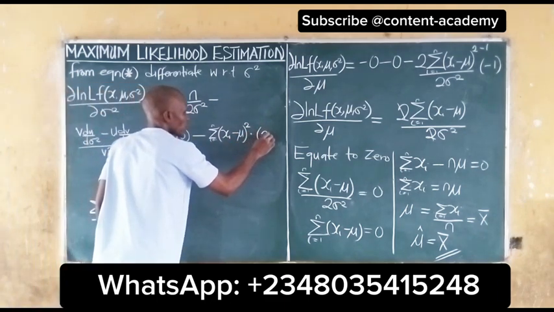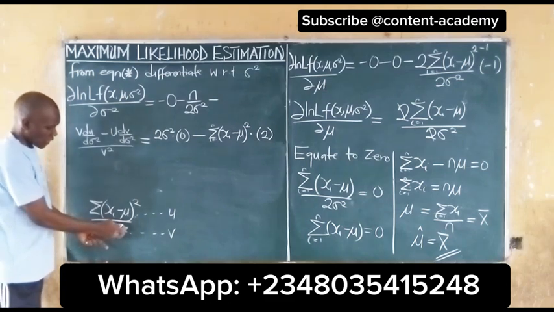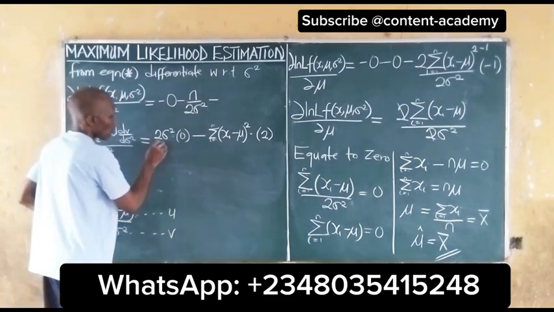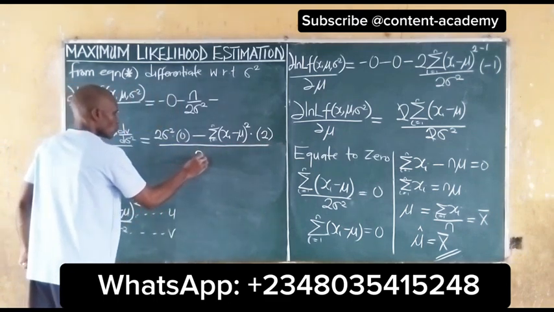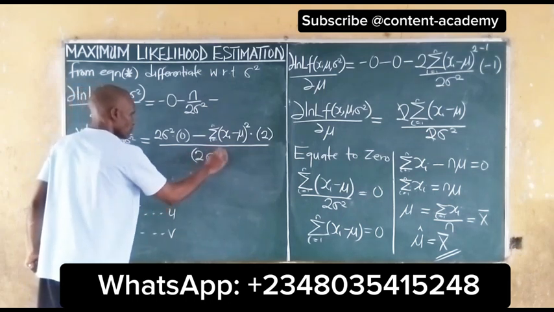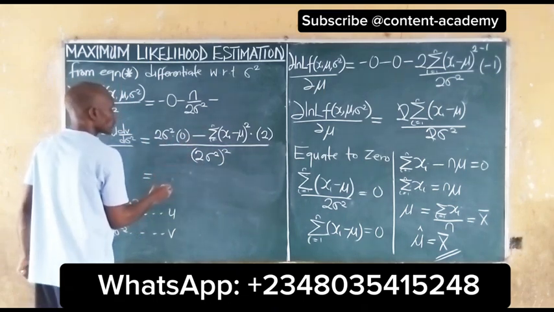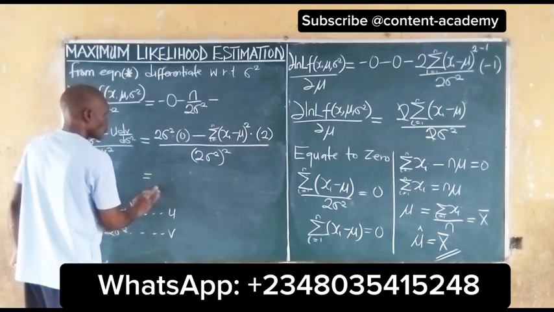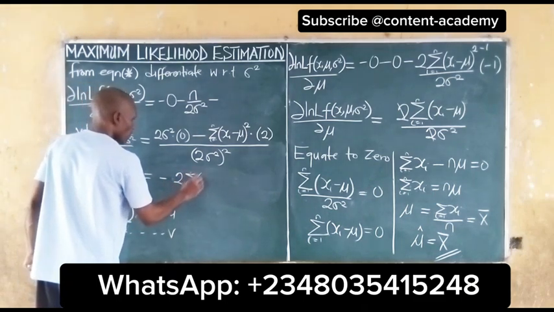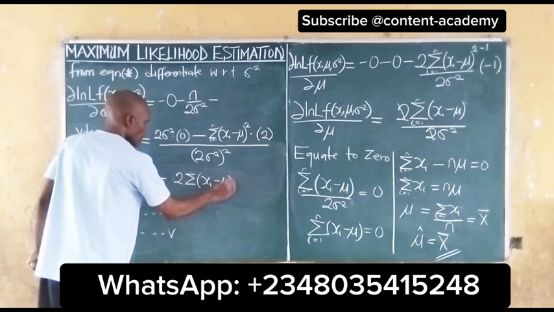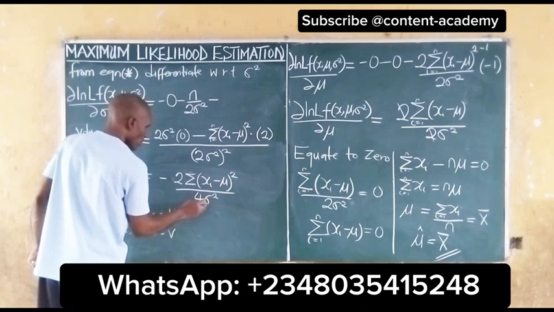So we have just 2 here, because sigma squared is just an entity, all over 2 sigma squared all squared. Of course, this is 0. This will give us negative 2 summation of (xi minus mu) squared all over 4 sigma squared.